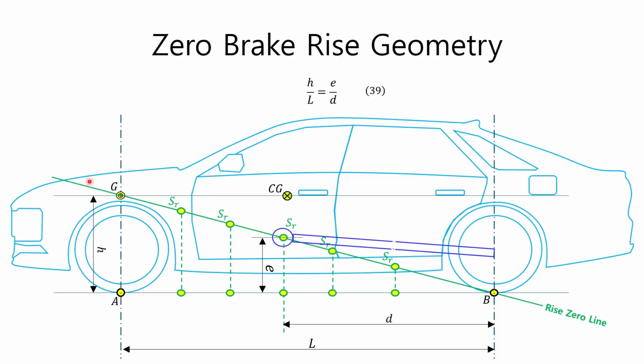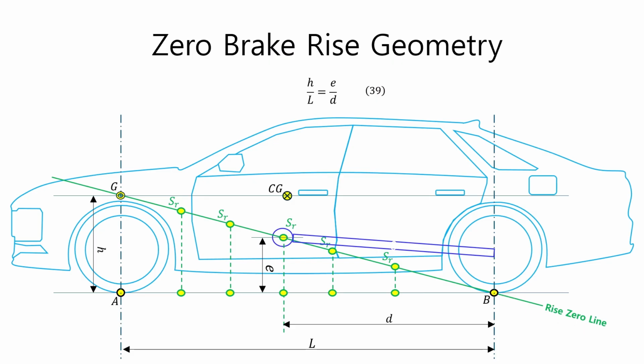The green inclined line is a straight line connecting the rear tire road contact point B and point G. If a virtual reaction point, SR, exists on the inclined line between point B and point G, then according to the property of triangle similarity, the ratio of H to L always has the same value as the ratio of E to D, thus satisfying equation 39. Therefore, if the virtual reaction point, SR of the front suspension, exists anywhere on the green straight line shown here, this vehicle does not experience rise during braking.